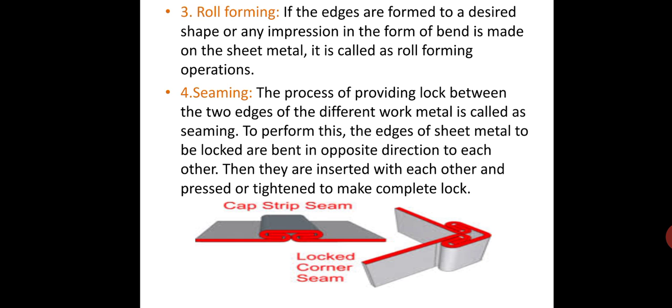Cap strip seam, locked corner seam: these are the two diagrams displayed. To perform this, the edges of the sheet metal are to be locked or bent in opposite directions to each other. Then they are inserted into each other and pressed or tightened to complete the lock.